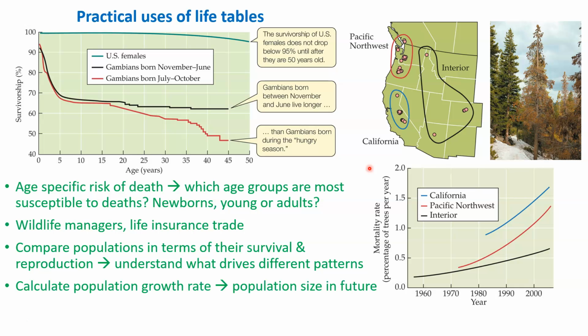If you look at my example right up here, you're looking at conifer survival, right, in the Pacific Northwest, California, and interior. And if you look at the graph, you can see the interior populations have a relatively lower survival. The Californian populations are faring much better. Pacific Northwest are intermediate, right?